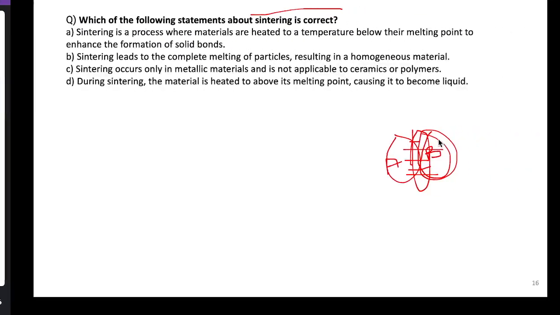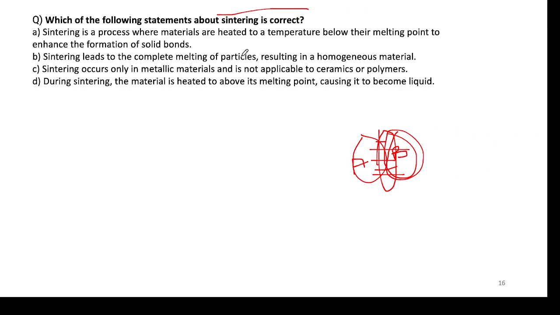Let's see what the answer is. Sintering leads to complete melting of particles, resulting in a homogeneous material. Oh, maybe you are linking it to the previous question. No, no, no. That is just increasing solubility. Sintering is a different thing. So the answer is not B. Answer A is correct.